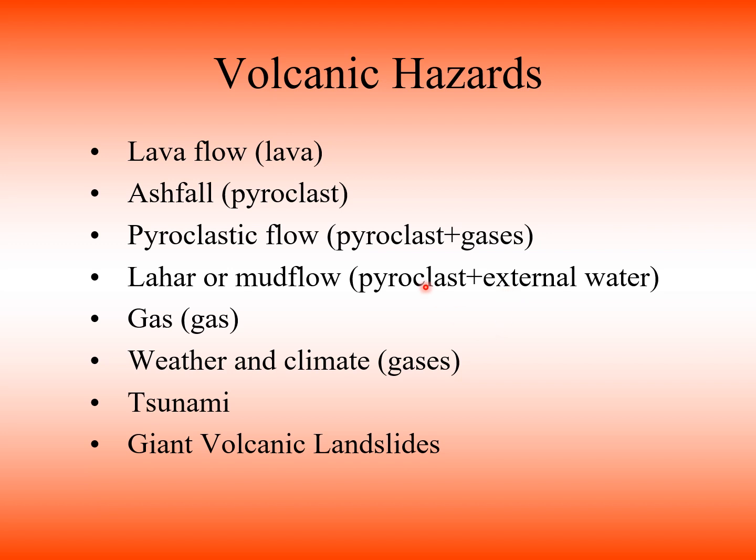Really nasty. You can also get some gases released that can be hazardous. You can have the effect on weather and climate that those gases produce. Obviously, you can get tsunamis if you have a large enough volcanic eruption under the ocean, and the earthquakes associated with said eruption, and then giant volcanic landslides.